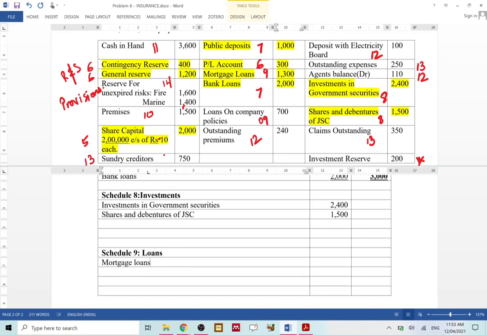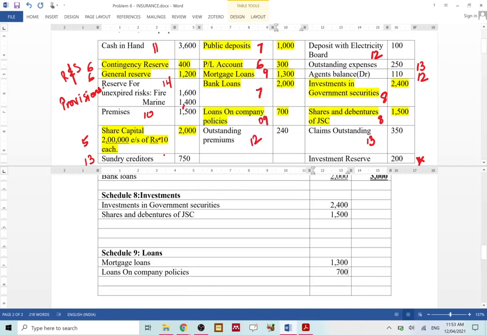Mortgage loans, 1300, and you have loans on company policies, 700, also given away by the company, correct? So these two, done.